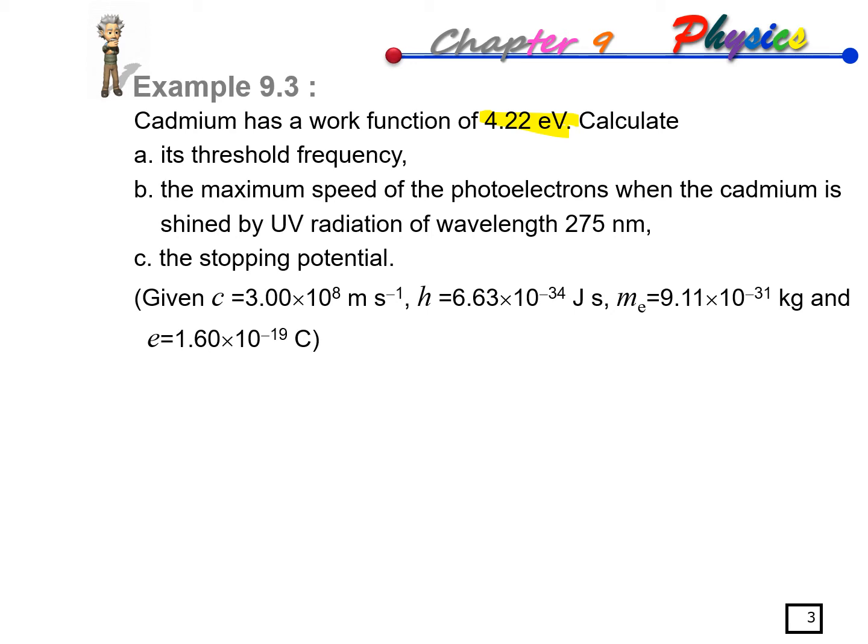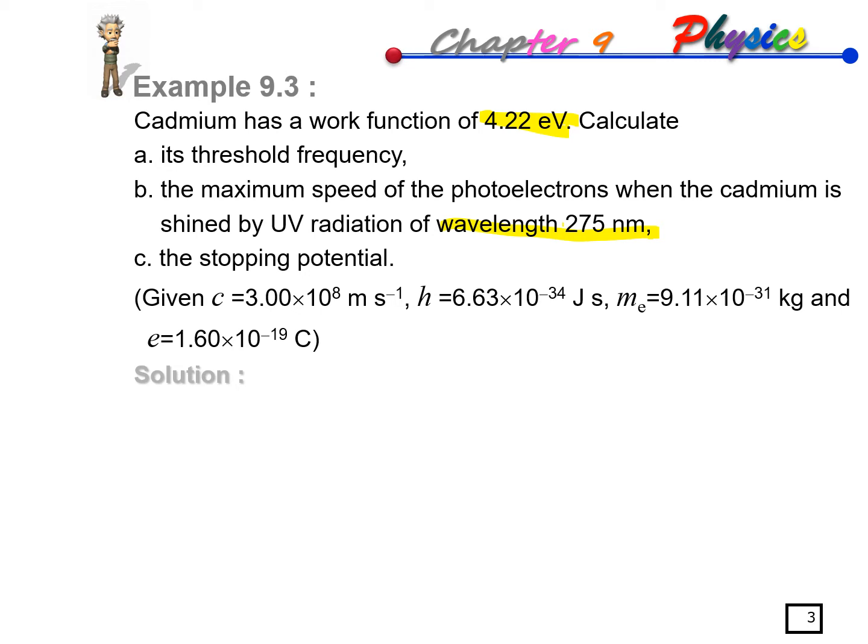Then B, the maximum speed of the photoelectron when the cadmium is shined by a UV radiation, wavelength given over here. And then C, the stopping potential. All the values of constants are given over here: velocity of light, value of h, mass of electron, and the charge of electron.